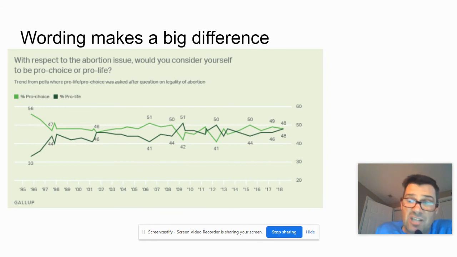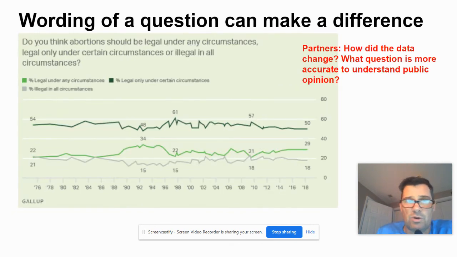Now, change the question and make it more of a multiple choice format where you get multiple options. And this is the one I showed you earlier. Here's what this question says: should it be legal in any circumstance, which would mean like all 9 months, legal in only certain circumstances, so people might only think the first 3 months, or illegal in all circumstances. And now look how that breaks down.